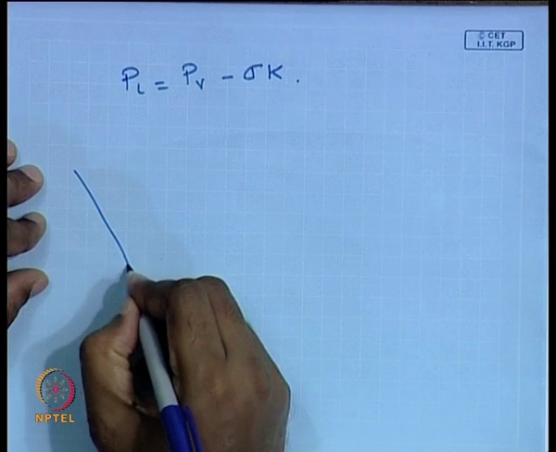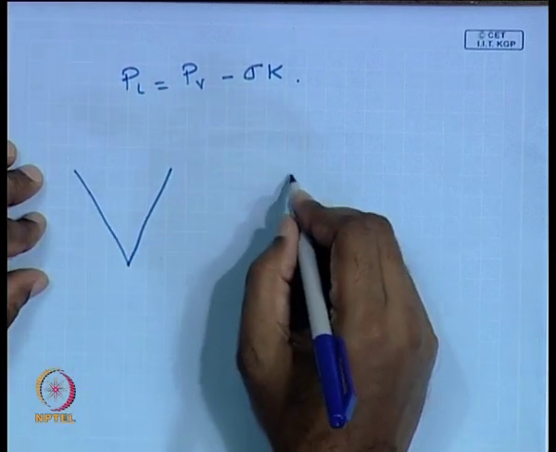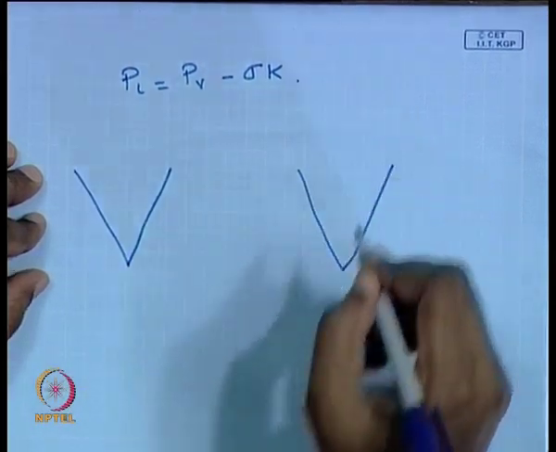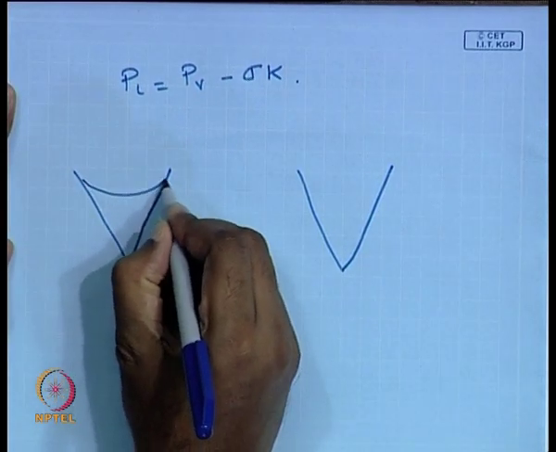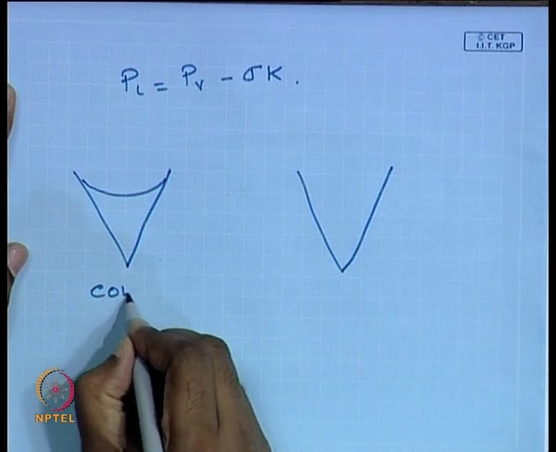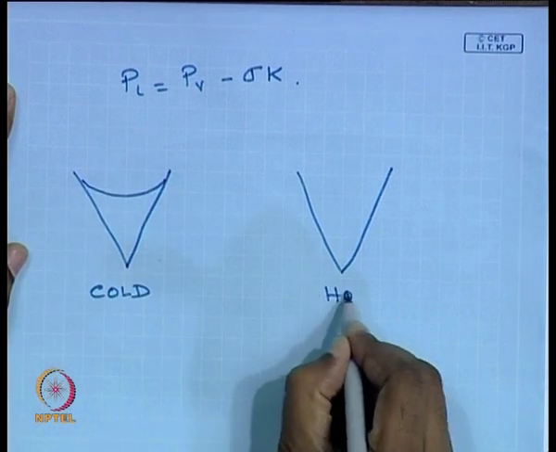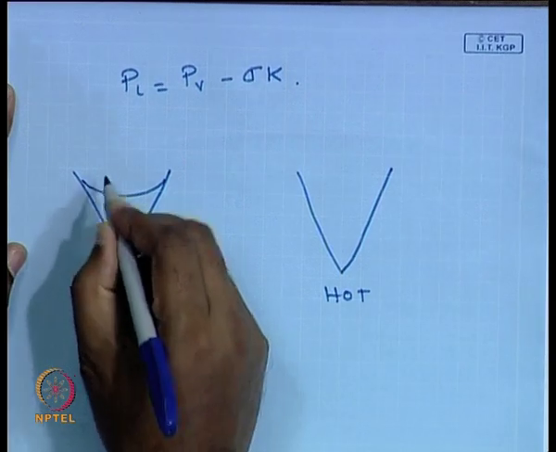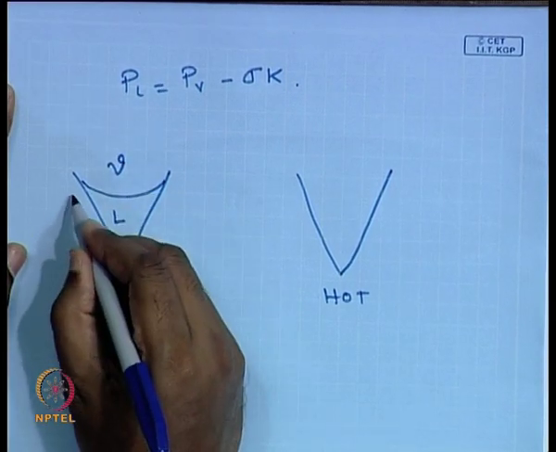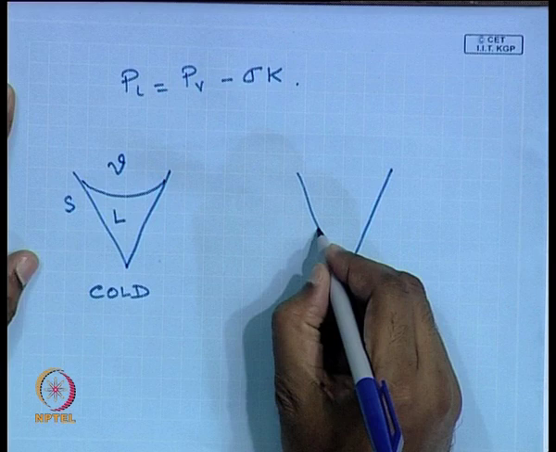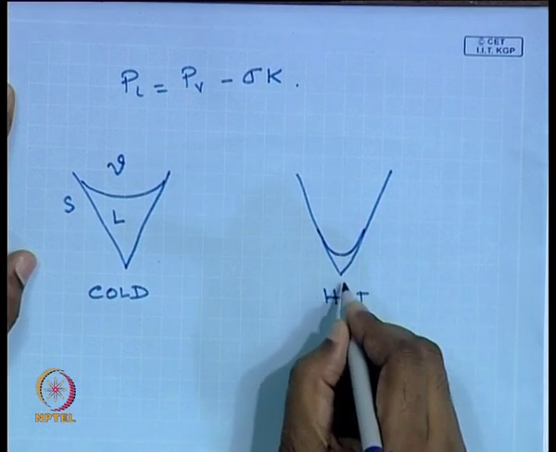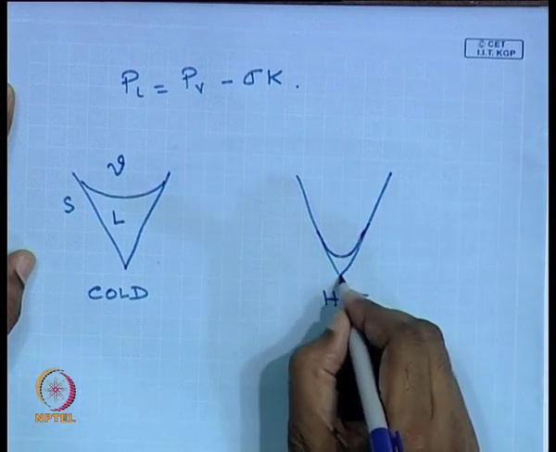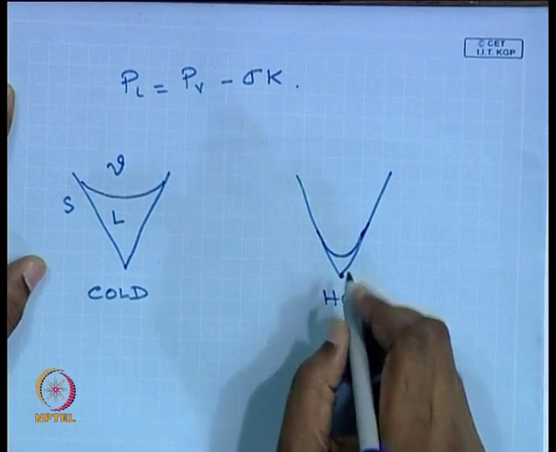Now, if this is the view of one of the apex of the groove, and let us say this is the cold side, and this is the hot side. This is the liquid, this is the vapor, and this is a solid wall, and at the hot end this liquid meniscus is going to be depressed more towards the apex of the groove.